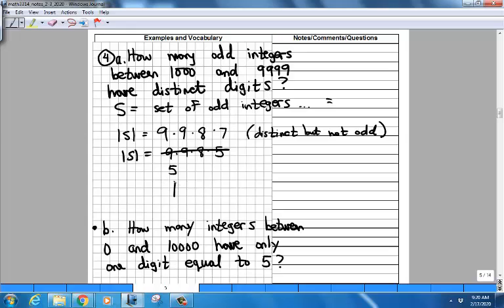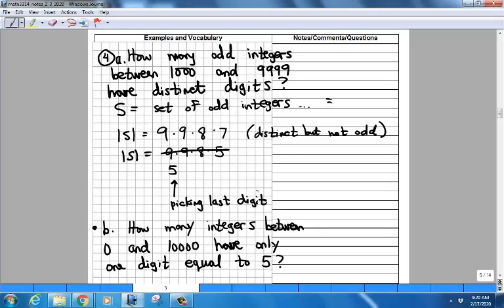So this corresponds to picking the last digit. Now what can I do once I pick the last digit? Go back to picking the first digit again. Go back and now pick the first digit. Or I guess we can pick another digit, but let's go back and pick the first digit.